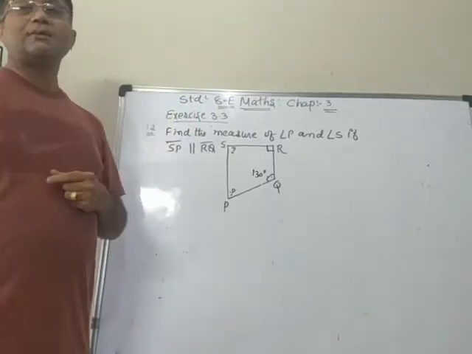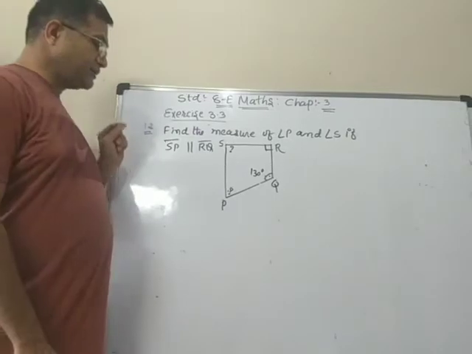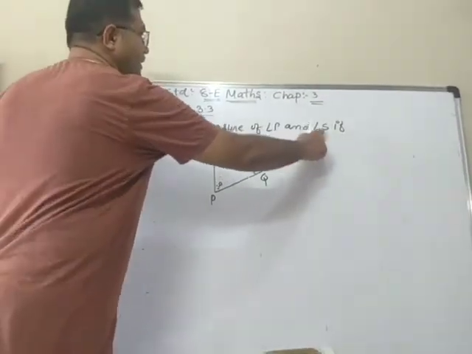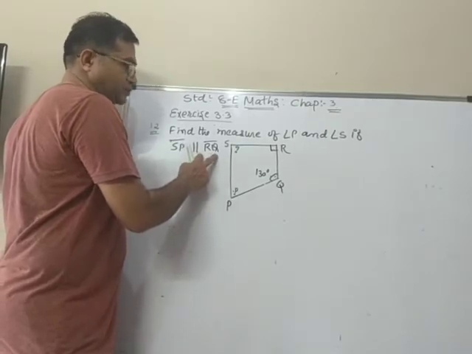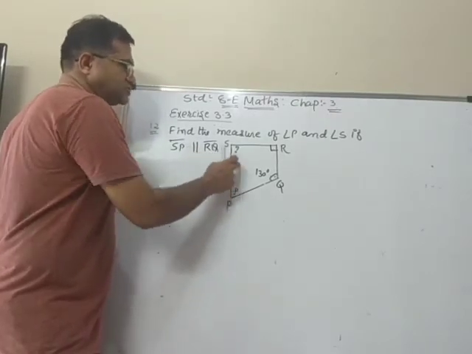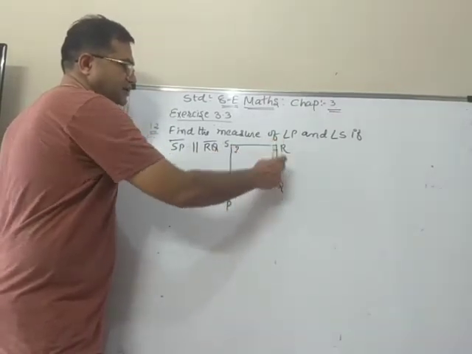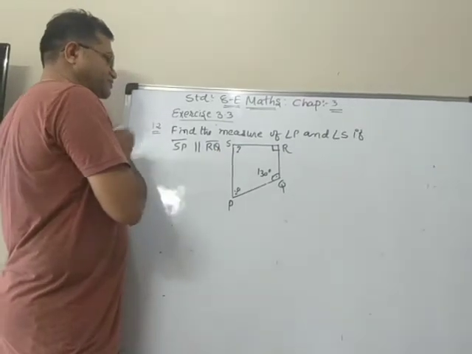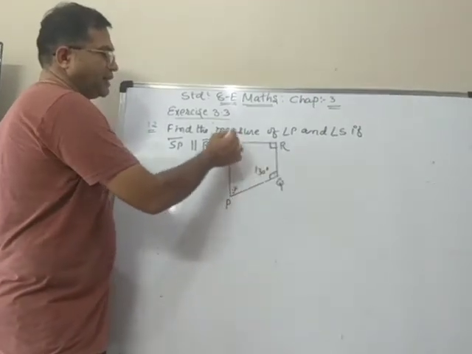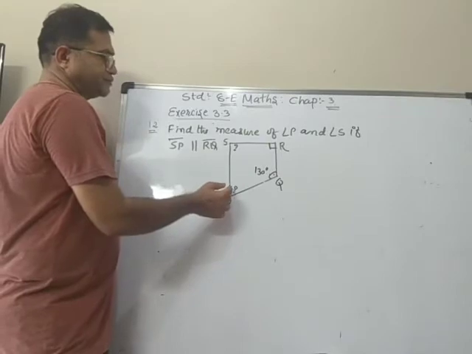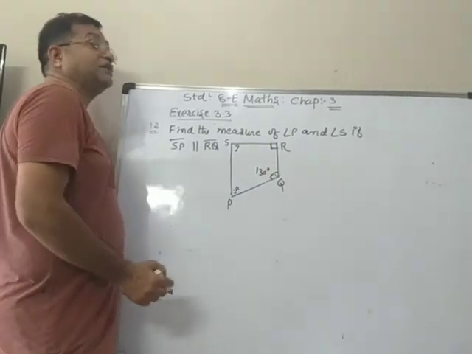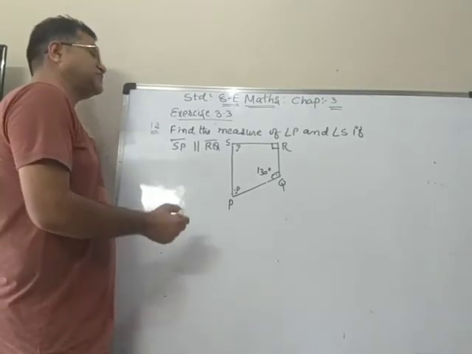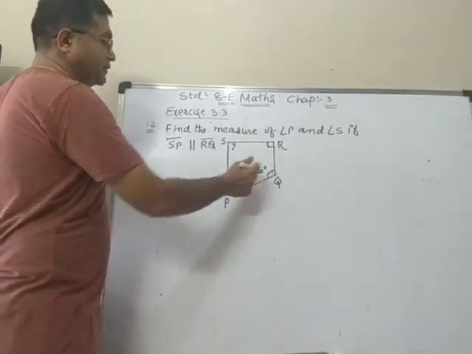So now question number 12. Find the measure of angle P and angle S if SP is parallel to RQ. So we have to find those two angles given that those are parallel lines. Now we know that when there are parallel lines, then interior angles on the same side of the transversal are supplementary.